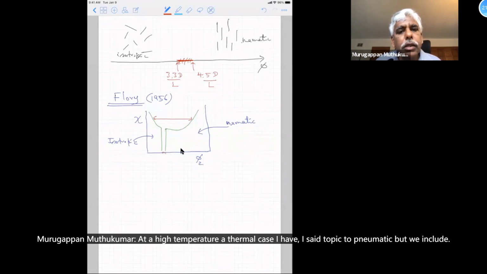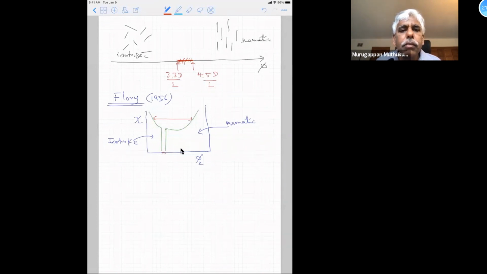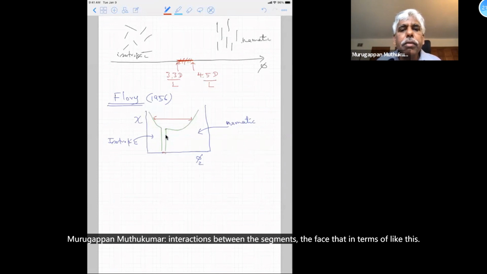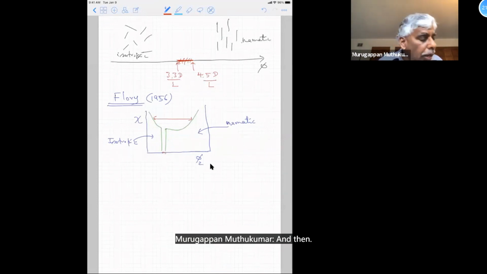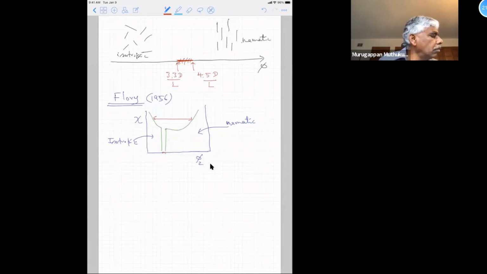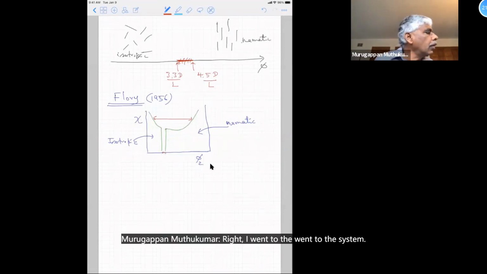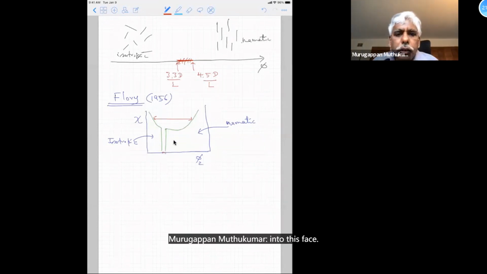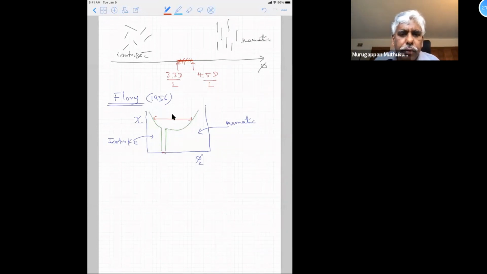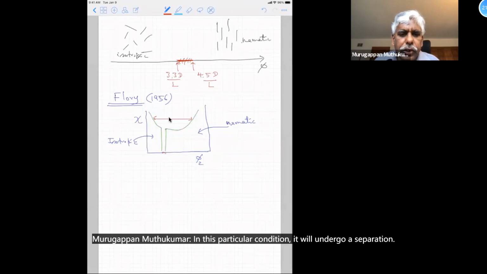But if we include interactions between the segments, the phase diagram turns out to be like this. And then, as in the previous case, suppose I quench the system into this phase, in this particular condition. It will undergo phase separation.